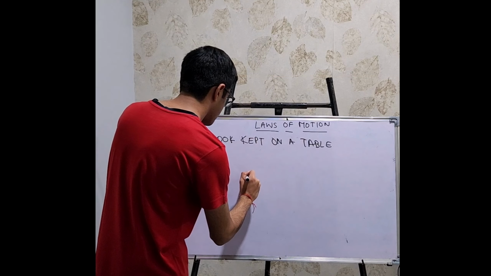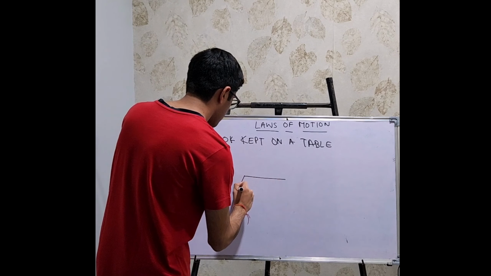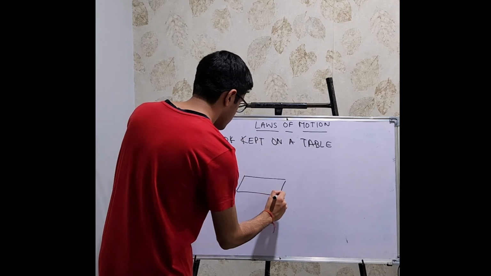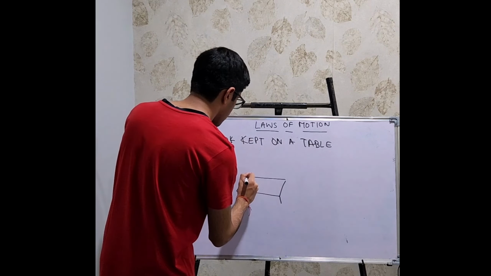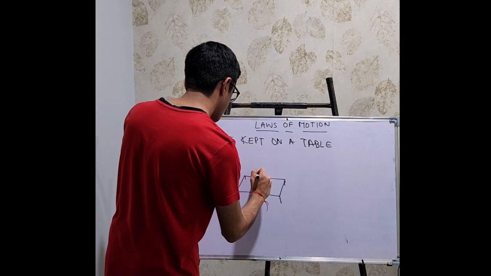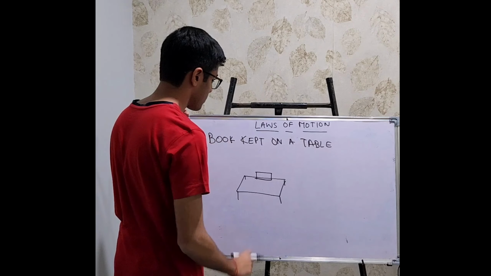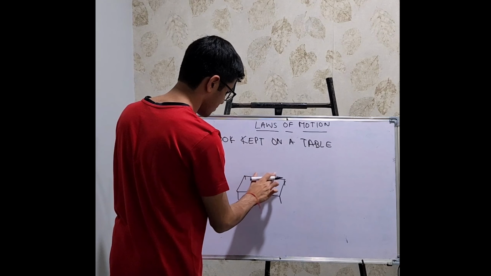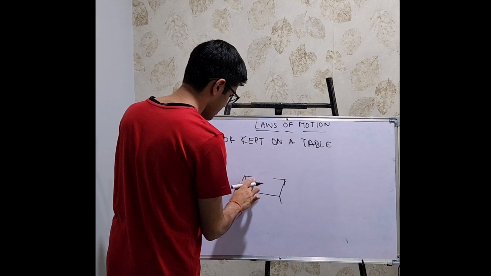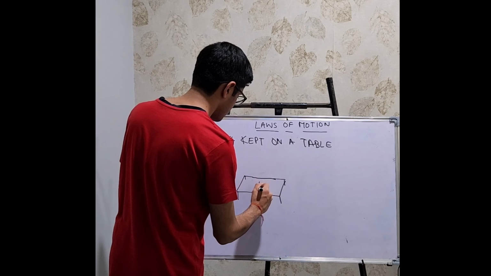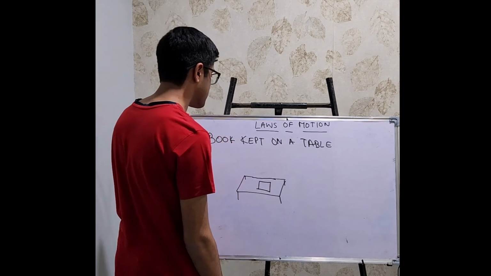Let's say this is a table and a book is kept on the table. One second, my drawing is not so good. This book is kept on a table.